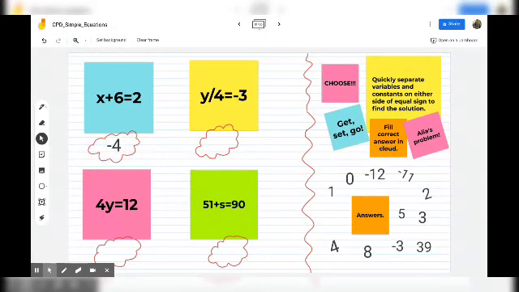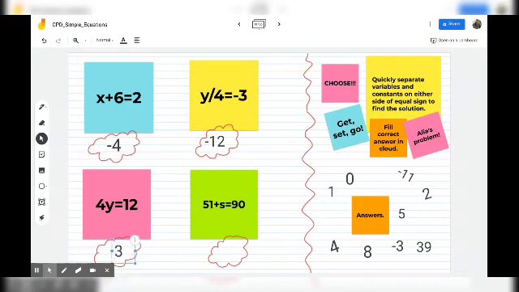And what's the answer for the yellow sticky note? We can see that Y divided by 4 is minus 3, which means Y must be equal to minus 3 and 4 on the other side with the multiplication sign. So minus 3 multiplied by 4 will give you minus 12. 4Y is equal to 12, which means Y must be equal to 12 divided by 4, which is 3.